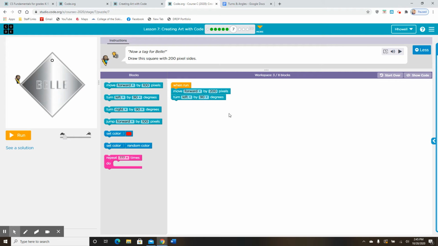I think it looks right. Then we're going to move forward again by 200 pixels. And then we're going to turn left again. Move forward. Turn left. And move forward. So now I've used 8 out of 8 blocks, which you can see here. And let's hit run and let's see how we do.